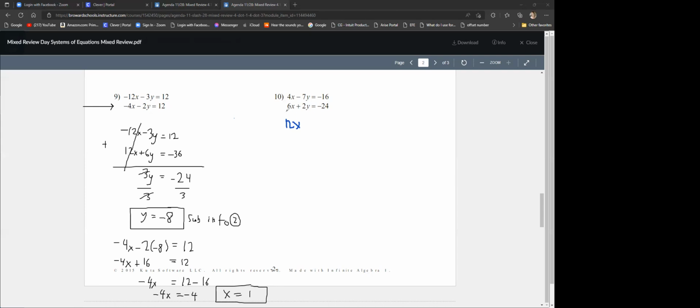Now multiply the 7y by 3. 21. This was 1 and this was 2, right? So you're taking number 1 and multiplying it by 3. Go ahead, you're going to have to do this tomorrow. Is it subtracting still? Is it negative 7 times 3? What's negative 7 times 3? Negative 21. Put the negative 21y.